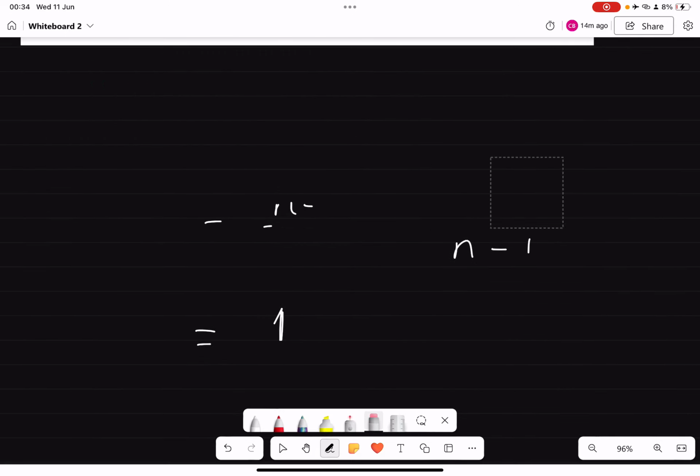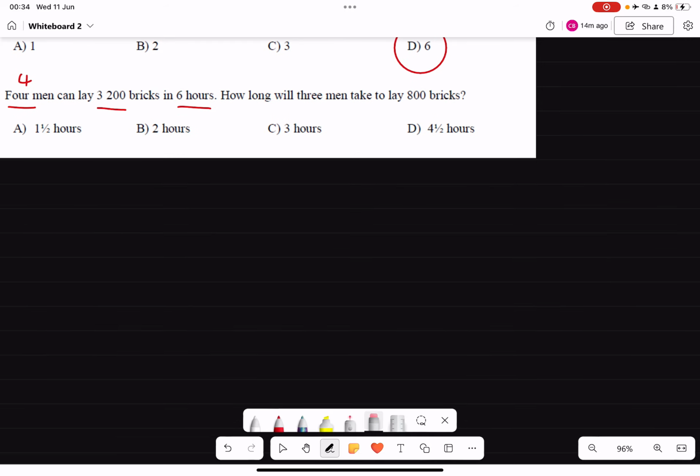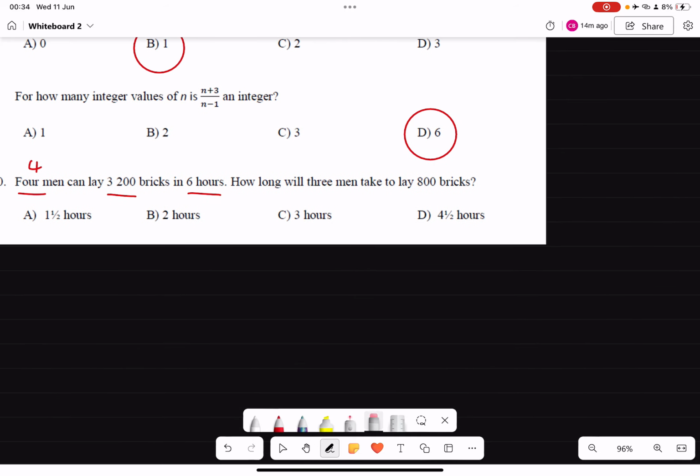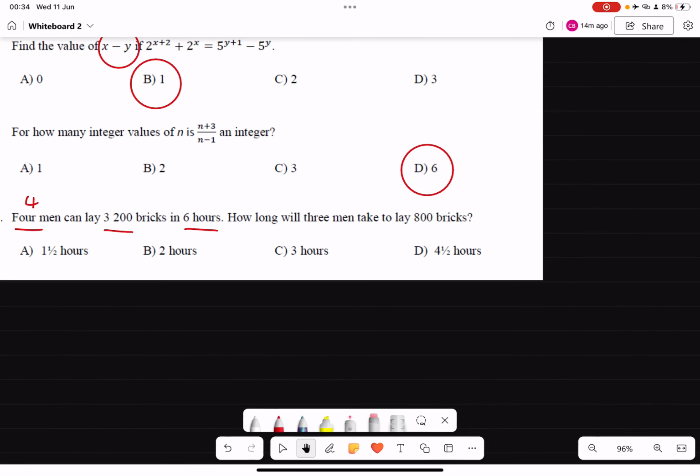Then they ask, how long will it take? So how long is time here? We're looking for time. Then we know that there are 3 men to lay 800 bricks.